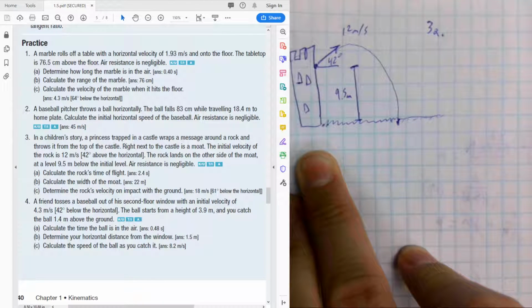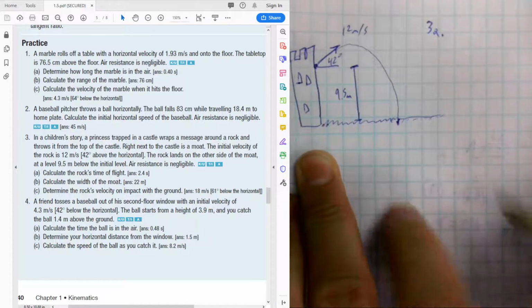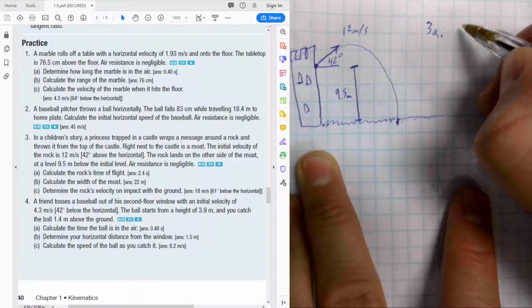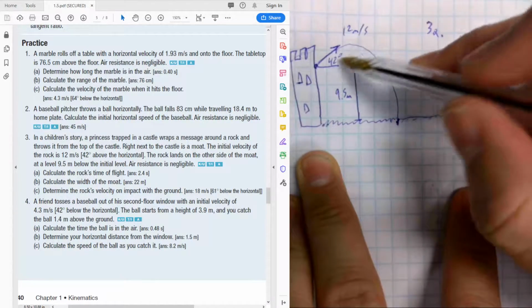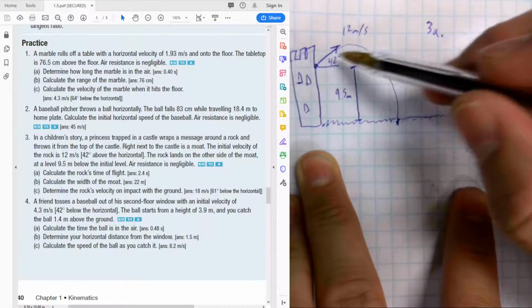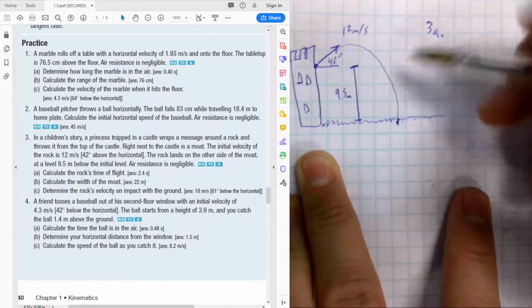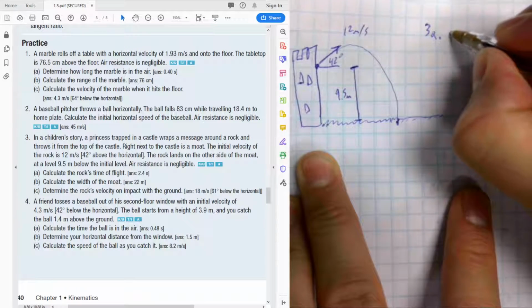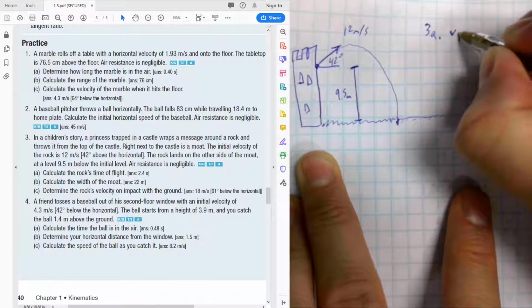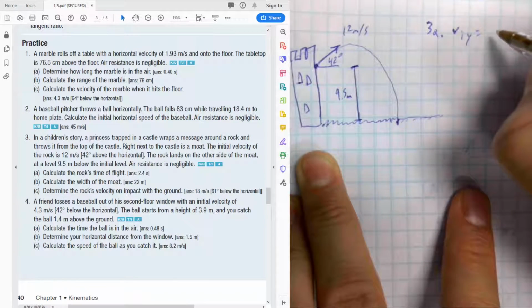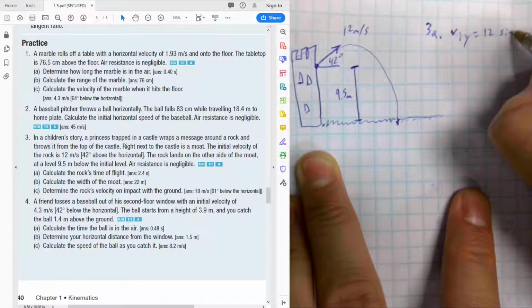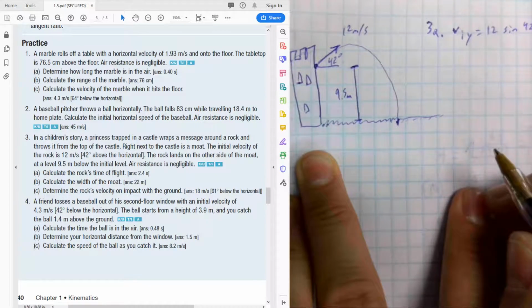Let's list what we have that's given to us. In terms of finding the time of flight here, we're not interested in the x. We'll find it in the y direction. So we know that our v_iy is equal to 12 sine of 42 degrees.